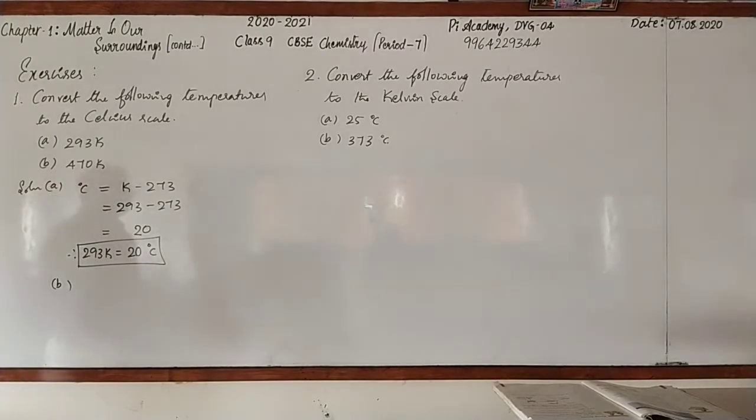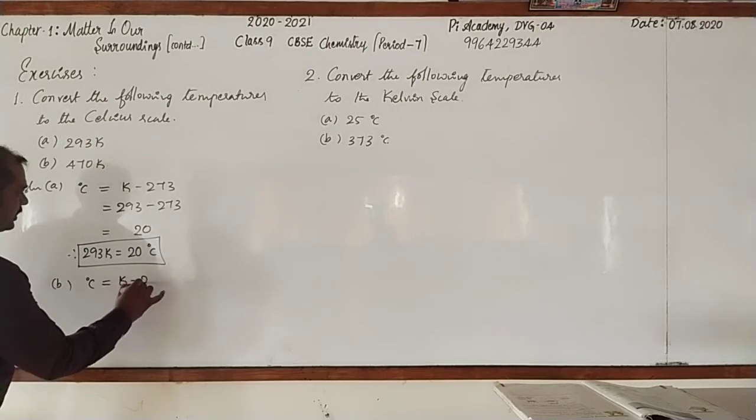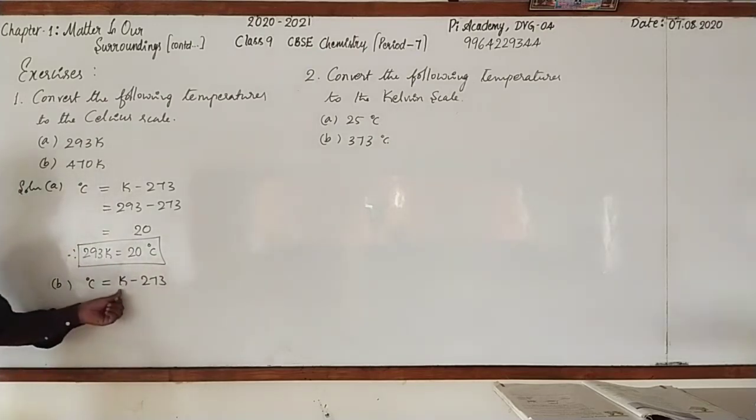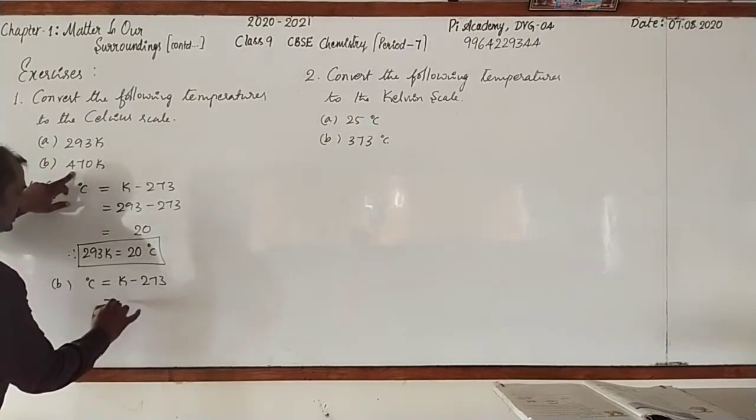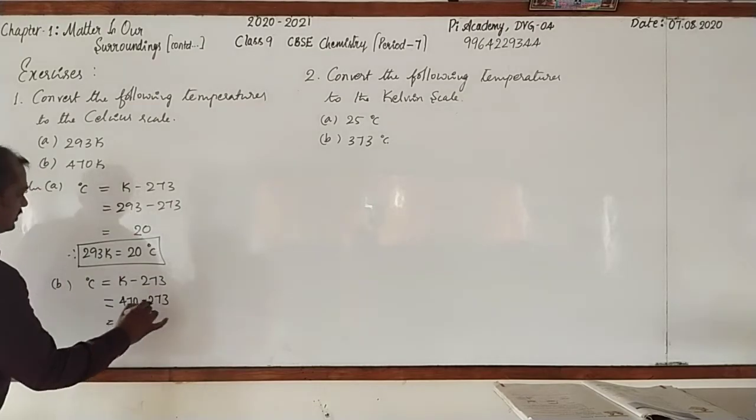Let's move on to B1. 470 Kelvin is given. Same thing. Here degree Celsius is equal to K minus 273, because we are converting the Kelvin scale to Celsius, where the Kelvin scale temperature is 470 minus 273. Subtract.